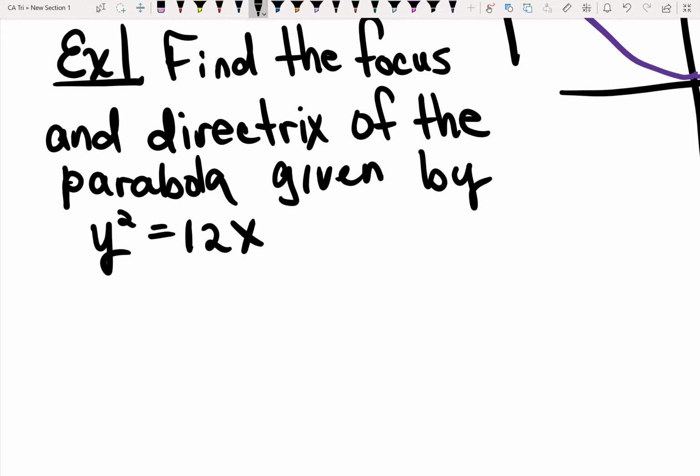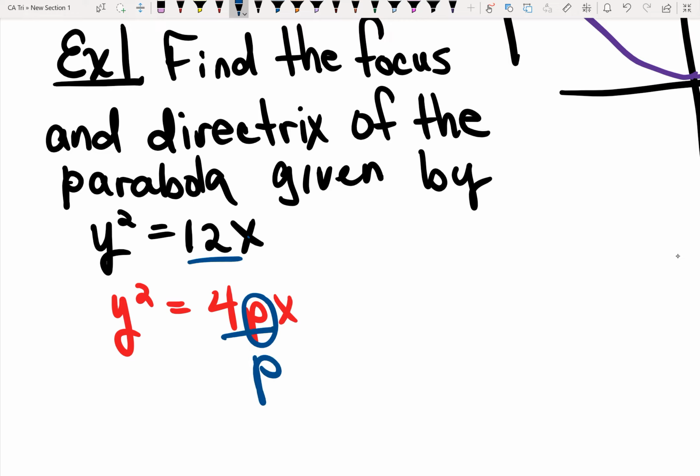When they give us this question, I want to bring you back to the equation I gave you earlier, where y squared is equal to 4px. You can see clearly that the p-value would have to be 3. Since x is already present, we know that 4p has to equal 12, so p has to equal 3.